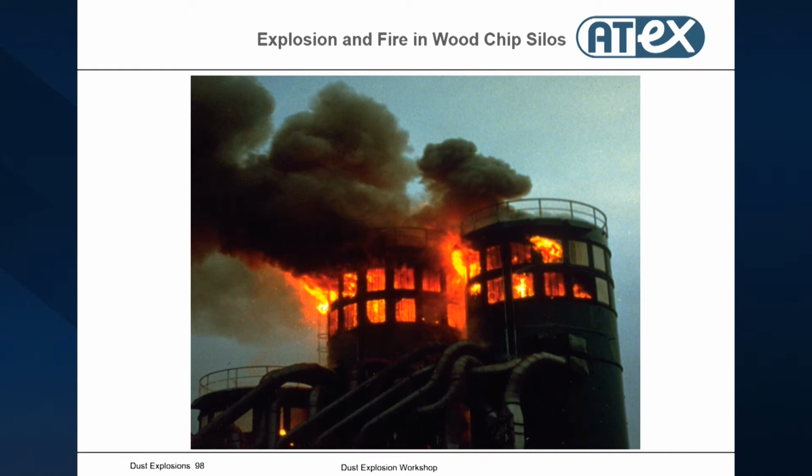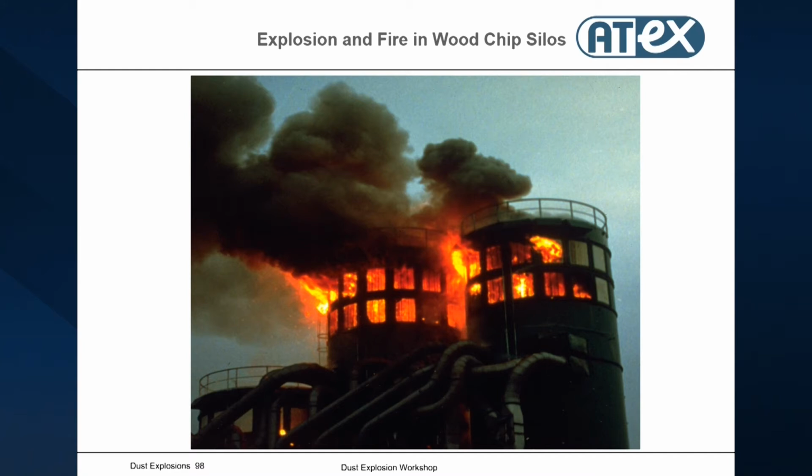Okay, and then something like this happens. You have two silos beside each other, and both burn. Any idea in which silo the explosion started first? In the right one, of course, because you see there are even vent panels that didn't open.